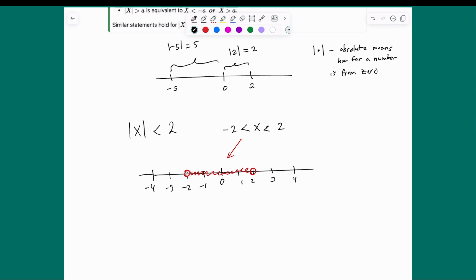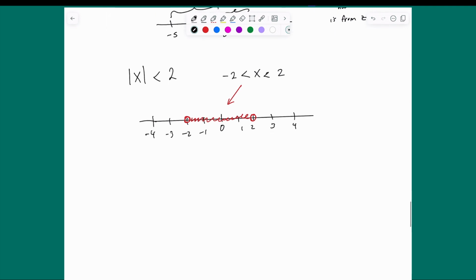In other words, -2 is less than x and x is less than 2. It has to be in between there, right? So any number between -2 and 2 would work there. And so another way of saying that is -2 is less than x, and x has to be less than 2. And that's where that property basically comes from.